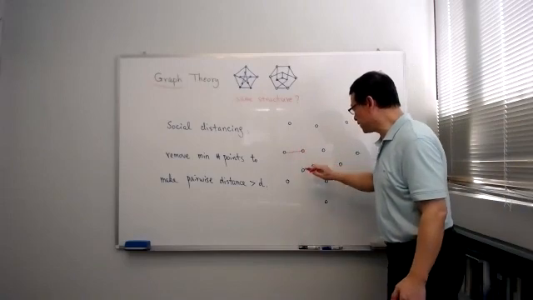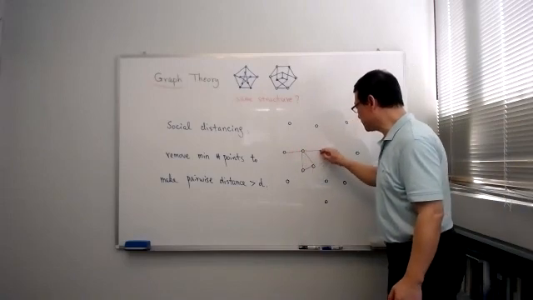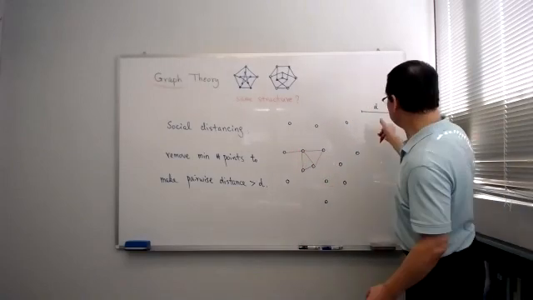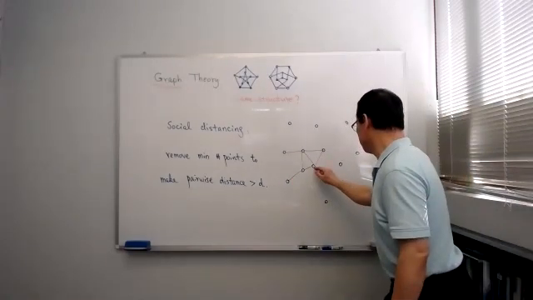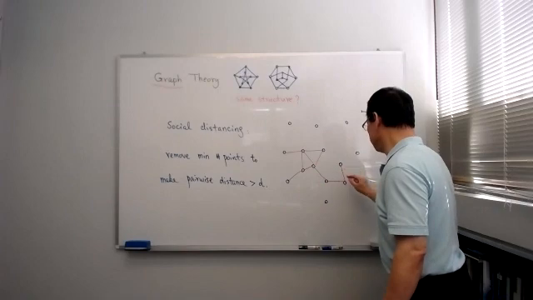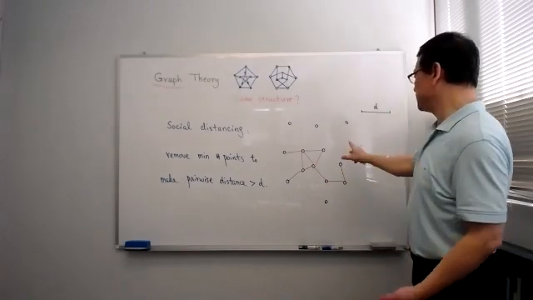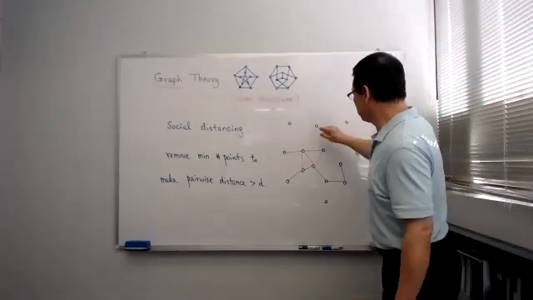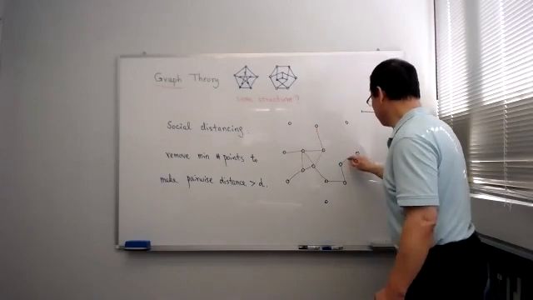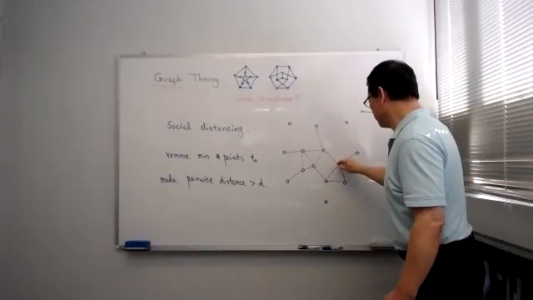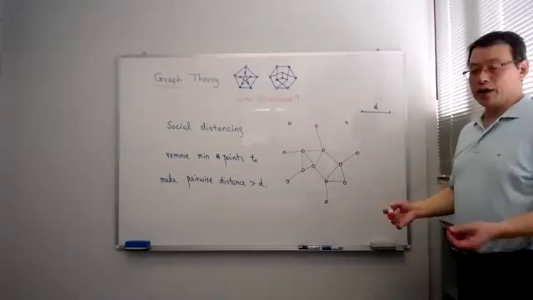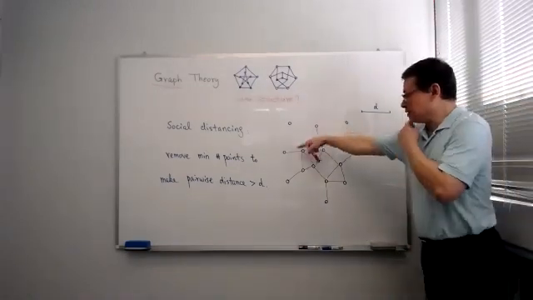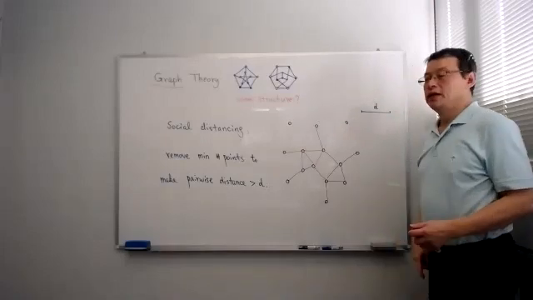For example, these are too close, so perhaps there's a situation something like this. I'm not 100% sure about this one. Eventually we obtain a structure, the red one plus these blue ones.